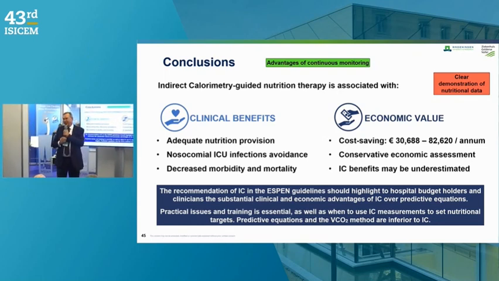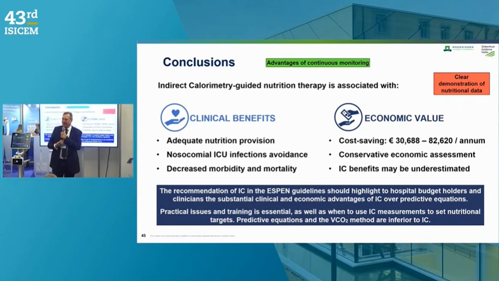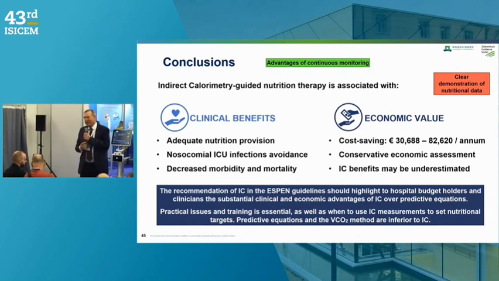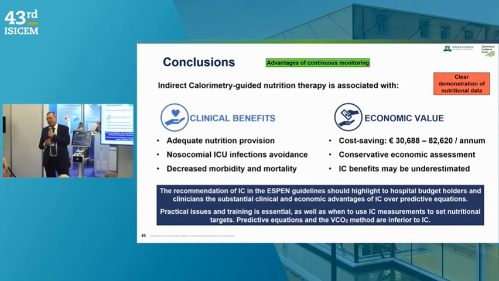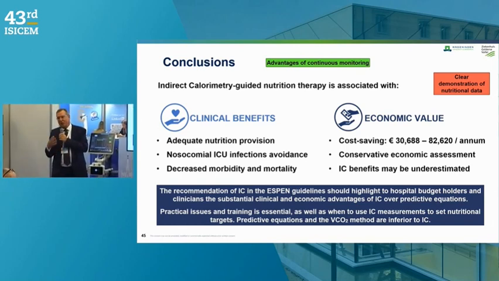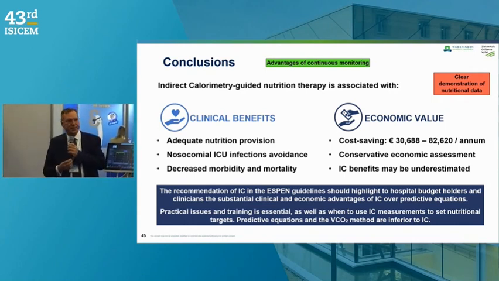But we don't have any device that can measure the VO2 of your patient continuously. If you have such a device, it can also be used for predicting energy expenditure. Yes. I don't know. Also, maybe the same problems with very high FiO2s will be the same, I think. But I have no experience with only VO2 monitoring, only with indirect calorimetry.